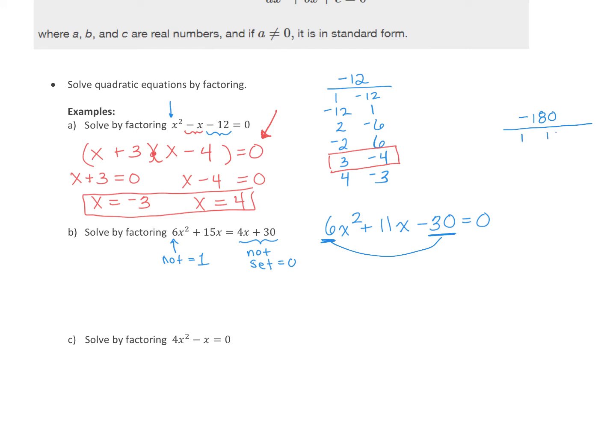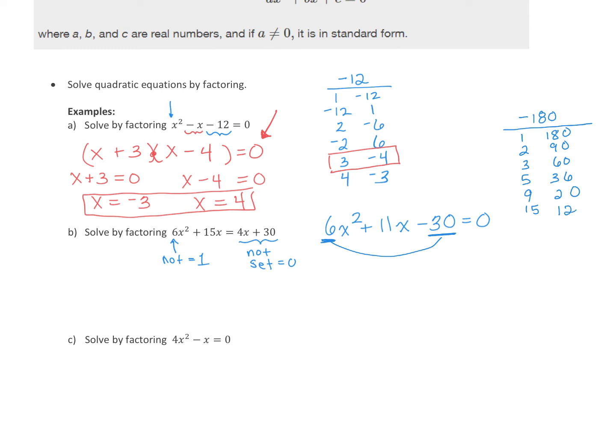So 1 times 180, 2 times 90, 3 times 60, 5 times 36, 9 times 20, and then I think the next one is 15 times 12, and then they're going to start repeating.